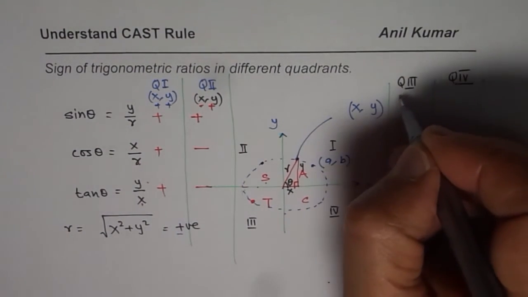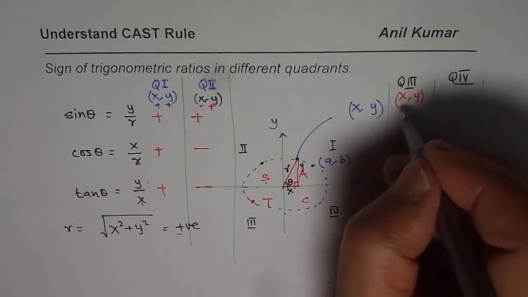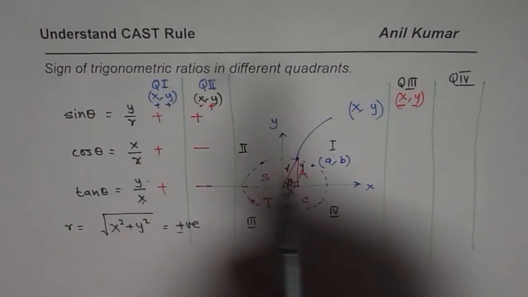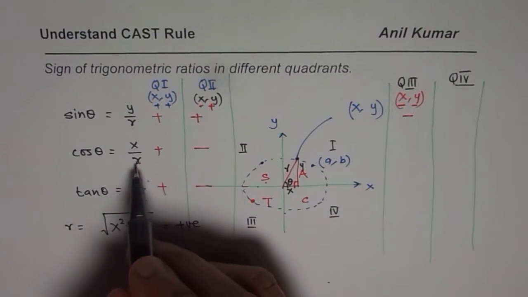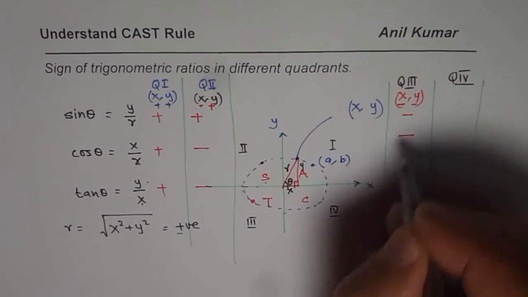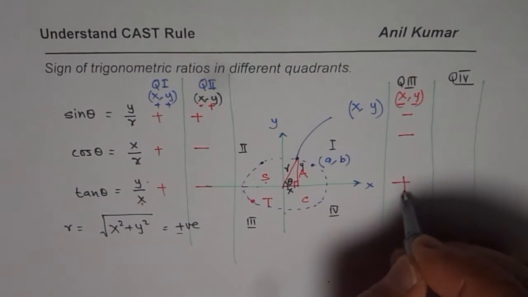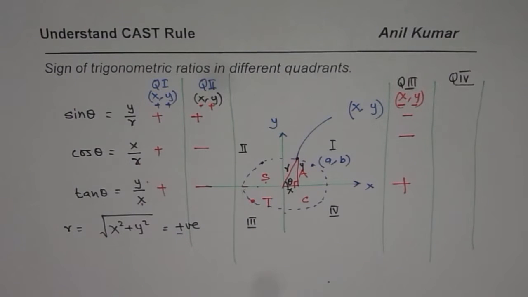So x and y both are negative. Now what happens to our ratios? Negative divided by positive gives me negative, for sine and cosine. But here, negative divided by negative gives me positive. Therefore, tan is positive, and the others are negative. You get the point.